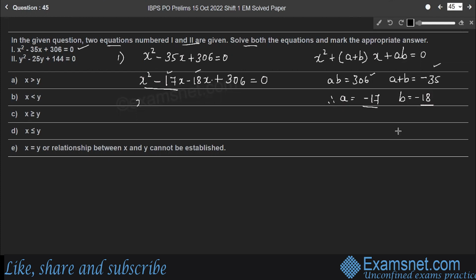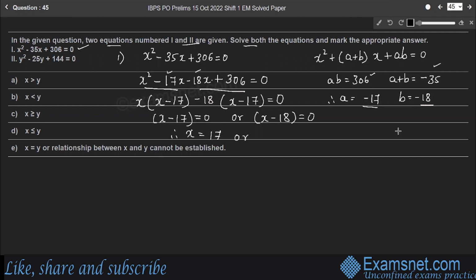Take x as common in the first two terms, x into x minus 17, minus 18 is common in the last two terms, into x minus 17 is equal to 0. Therefore, x minus 17 is equal to 0 or x minus 18 is equal to 0. Therefore, we have two values for x: x is 17 or x is equal to 18.